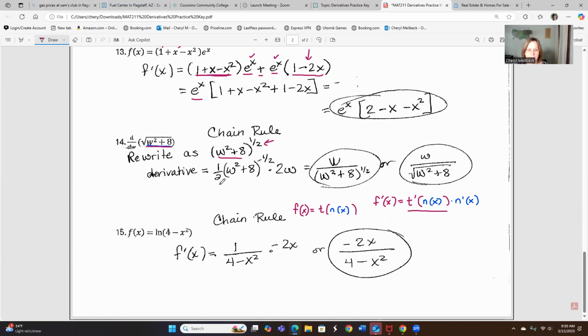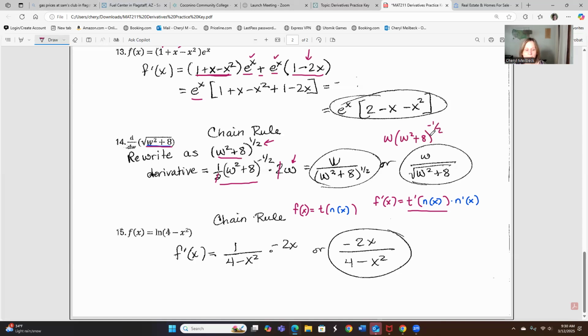Then the derivative of the inside function is the 2w. Simplifying this, you could recognize that the 2 in the denominator and the 2 that's in the numerator would cancel, leaving us just a w like this, and then this w squared plus 8 to the negative 1/2 power could be written in the denominator or could be written as a square root. You could also write this as w times w squared plus 8 to the negative 1/2, and that would be fine as well.